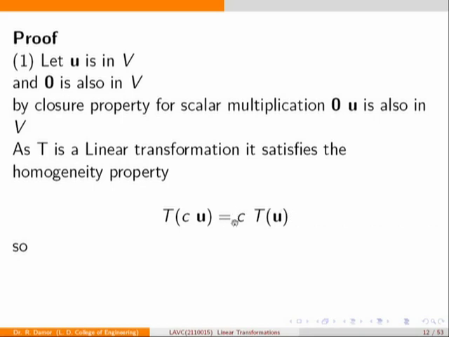So T of 0 can be written as T of 0 into u, which is equal to 0 times T of u, which is the zero vector. So T of 0 is nothing but 0. Clear?